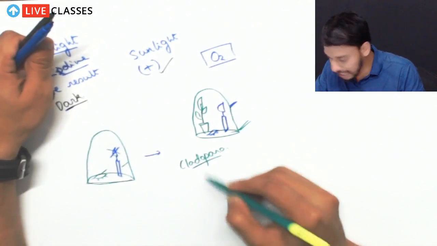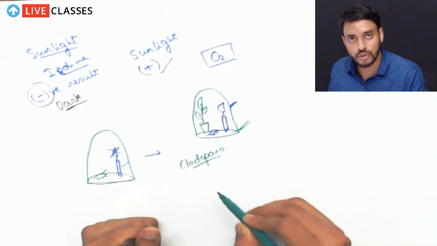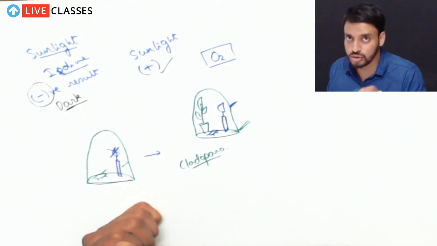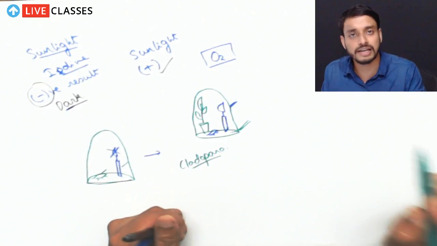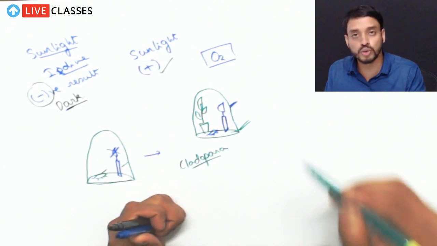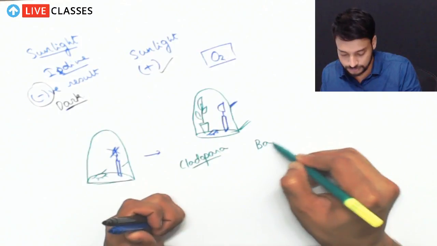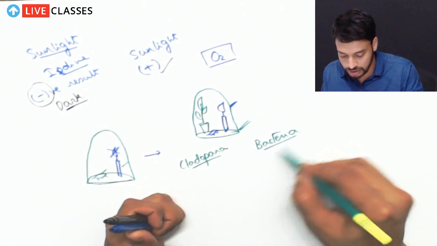Cladophora is basically a green algae. Now, this can photosynthesize. Try to understand. He used a culture in which Cladophora, a green algae that can photosynthesize, was present, and he used bacteria. Okay, bacteria which are aerobic. Now, you have to understand this.